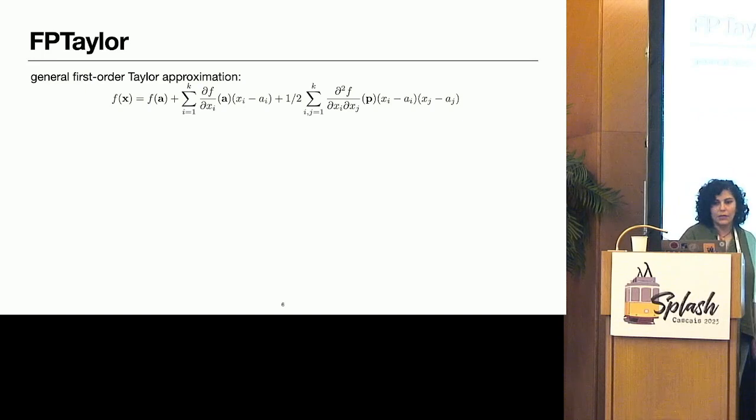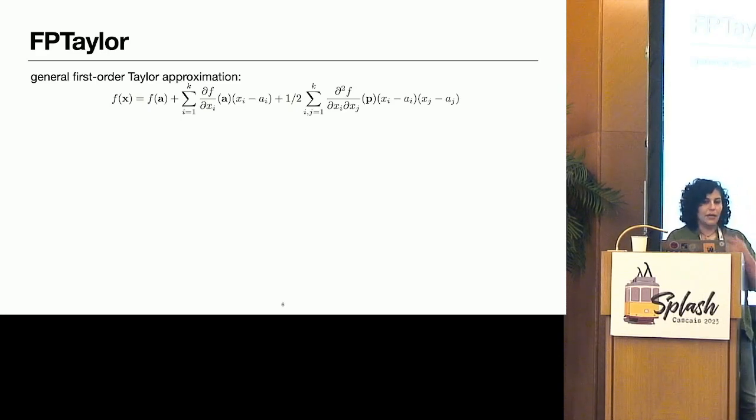So this is the first order Taylor approximation, and it allows one to approximate an arbitrary sufficiently smooth function with a polynomial term. Taylor series defines infinite expansions.